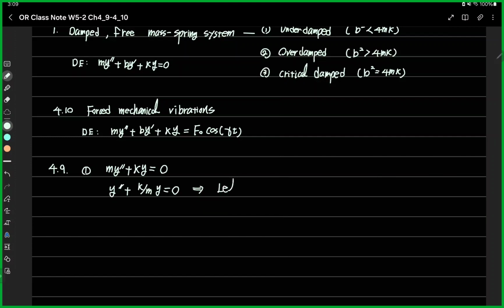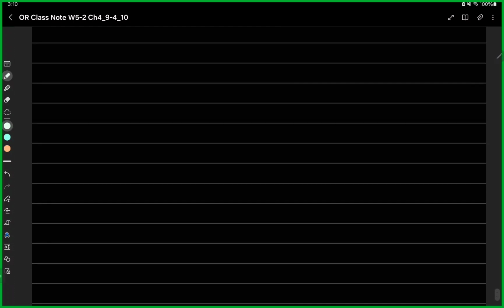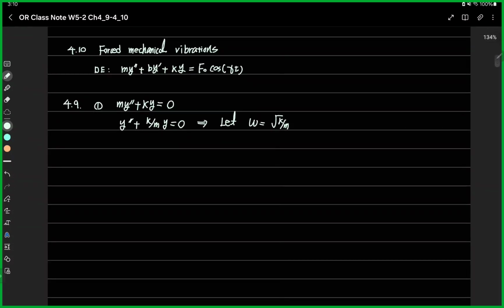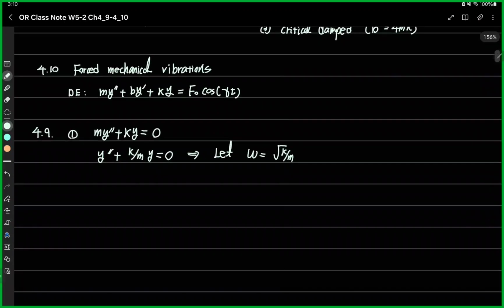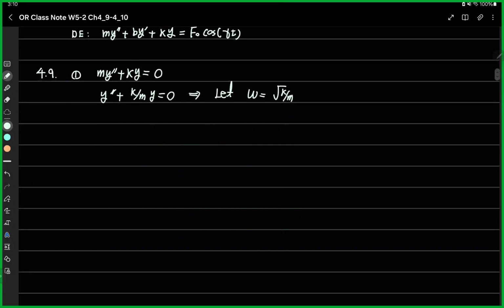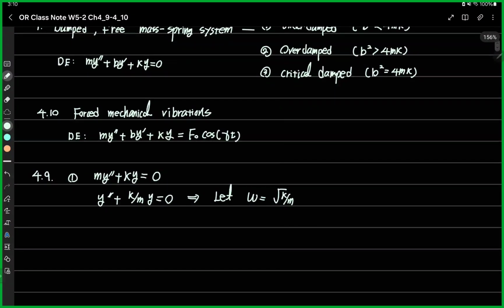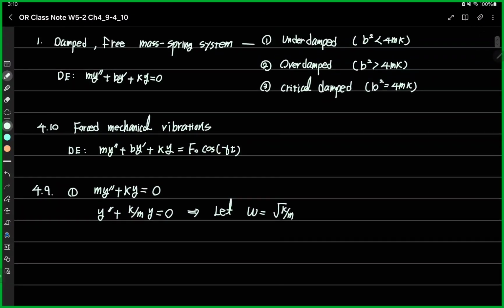So let's say omega is the square root of k over m. That one is called the angular frequency.